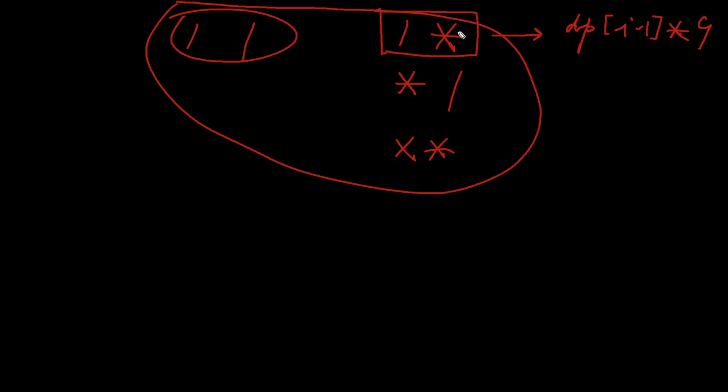For example, if we have 1 as the previous digit, it means we can also have 11 to 19, because this one can represent anything. So in this case we also have dp of i minus 2 times 9. That's the second part, because with 1 we have this.